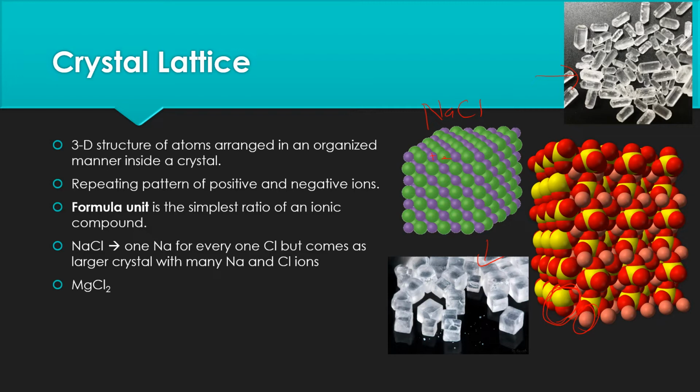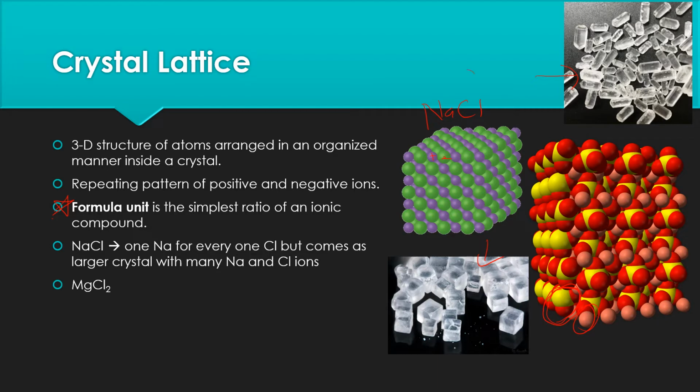What happens is we take the formula unit, so that's a new term here, and it is the simplest ratio of an ionic compound. So when we write ionic compounds, when we write their formulas, we are creating the formula unit. So all of that practice you did leading up to this, you were practicing writing formula units. So what it shows us, like NaCl, there's one sodium for every one chlorine.